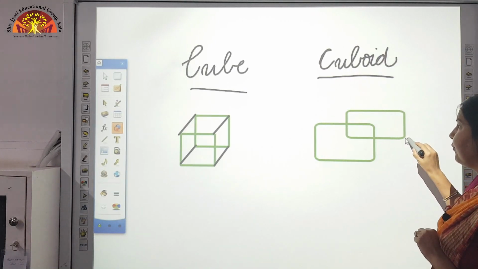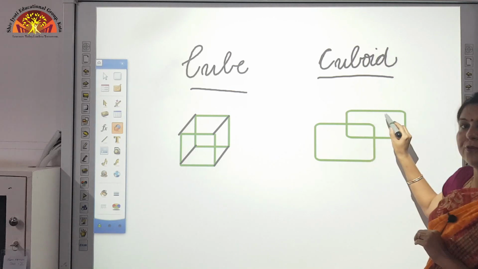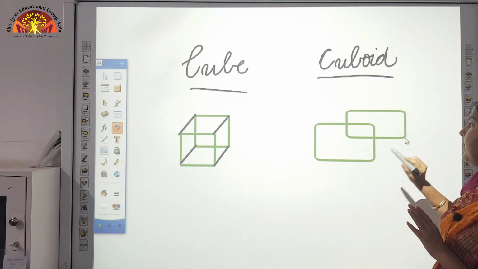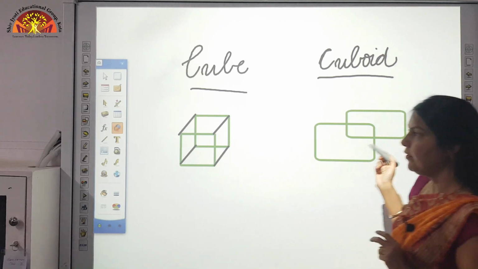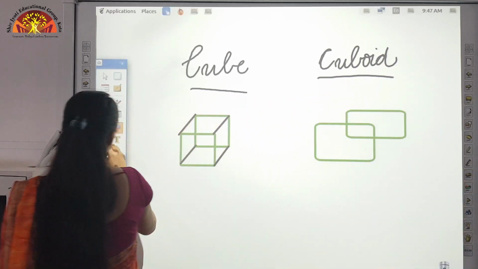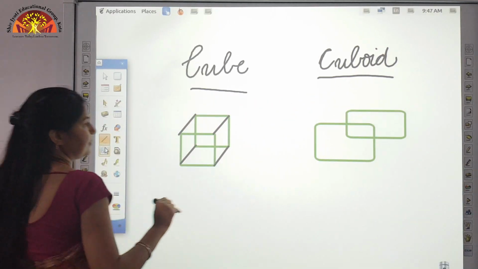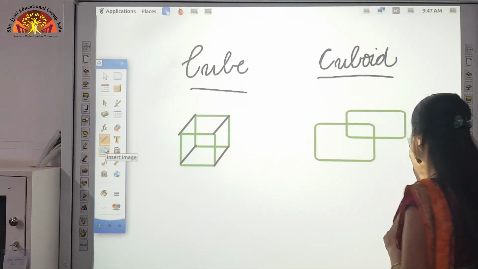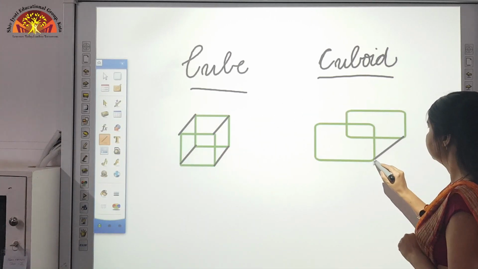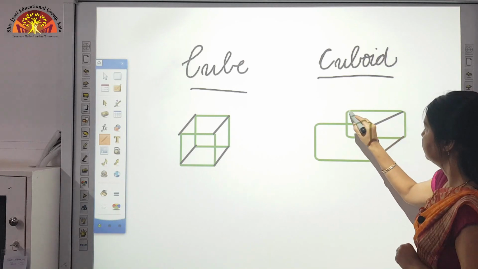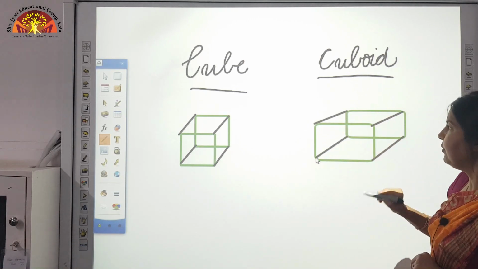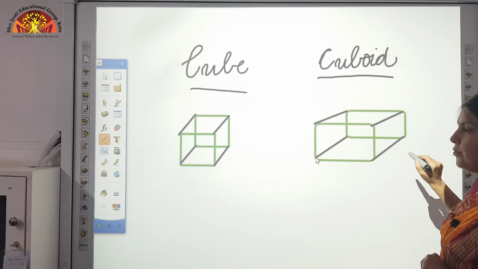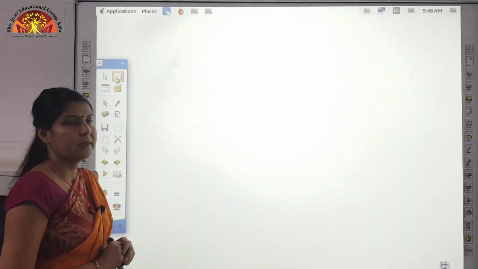Okay. Now 4 sides it has and 4 it has. Now these 4 and 4 sides are 8 sides. Okay. Now we will join these corners. So how many corners here? It has 8 corners. Okay.